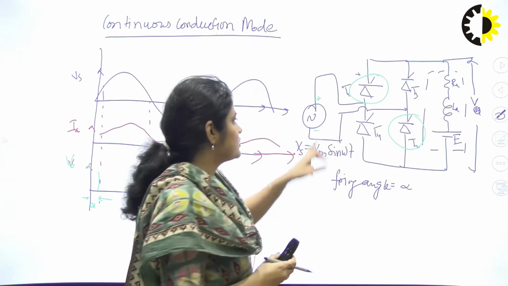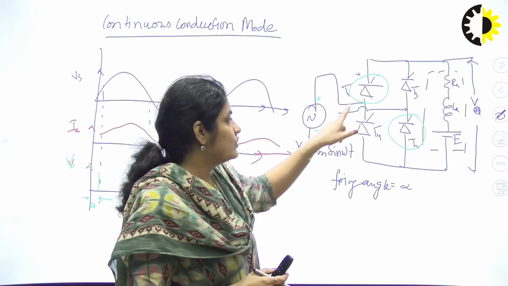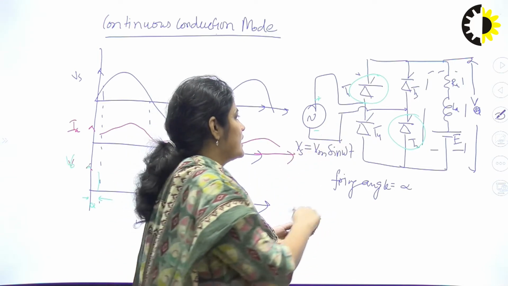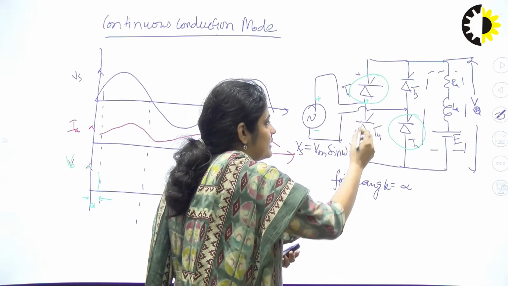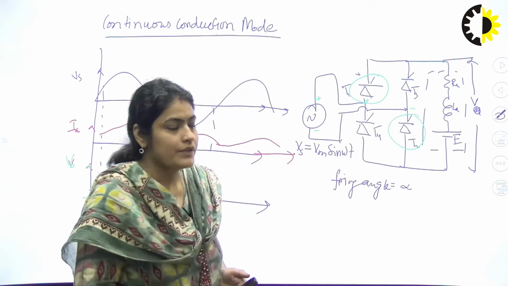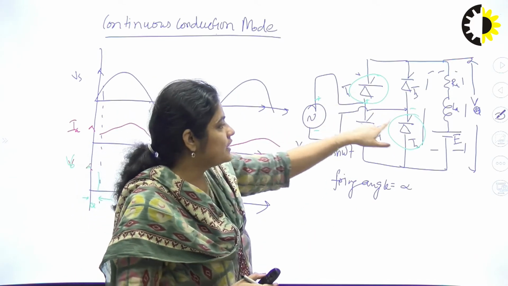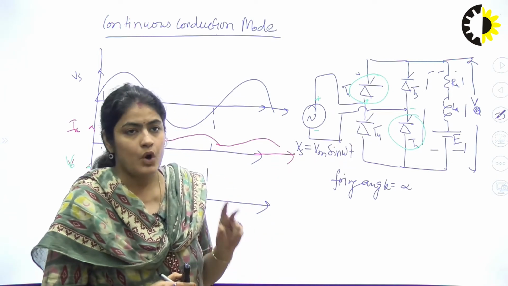During the positive half cycle, this terminal is positive and this is negative, so T1 and T2 will be in the forward blocking state.